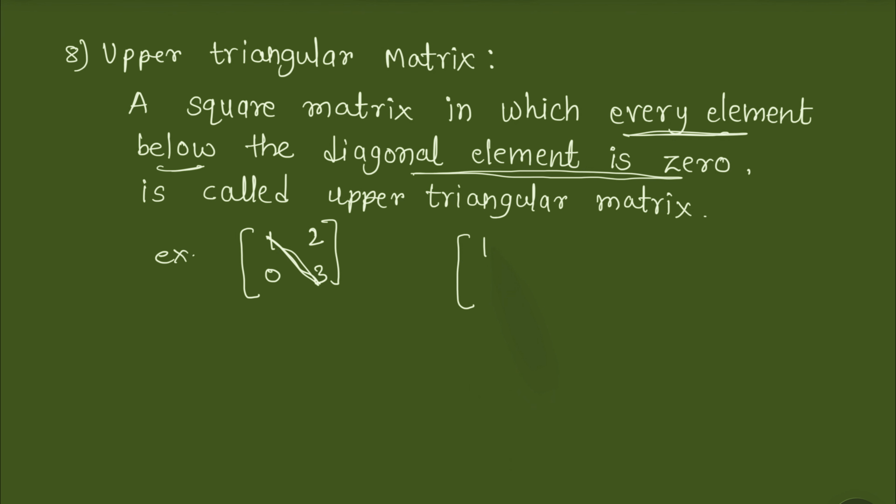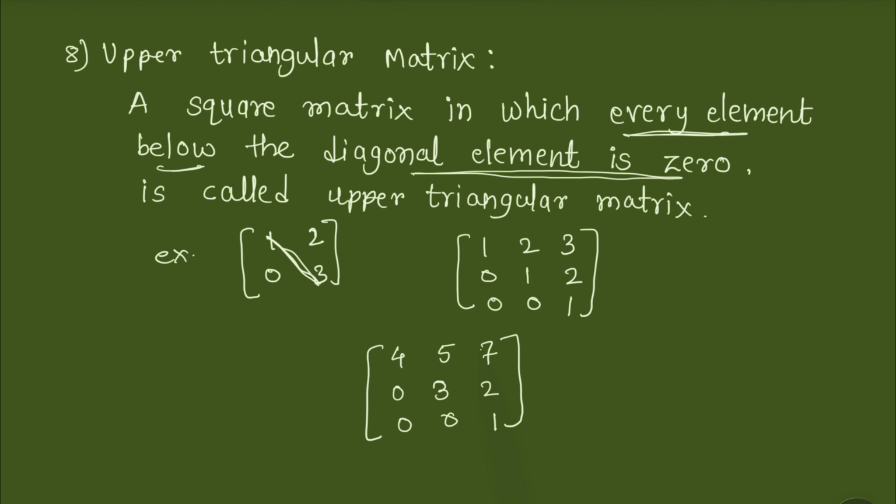Another example: 1, 2, 3, 0, 1, 2, 0, 0, 1. Another example: 4, 5, 7, 0, 3, 2, 0, 0, 1. These are all upper triangular matrices. Here the elements below the diagonal are 0.